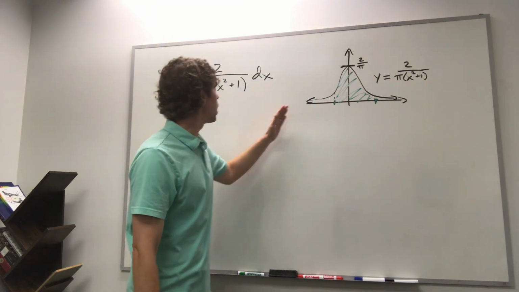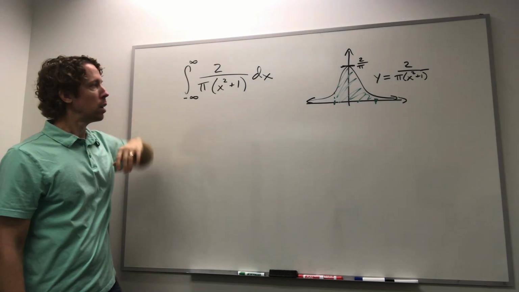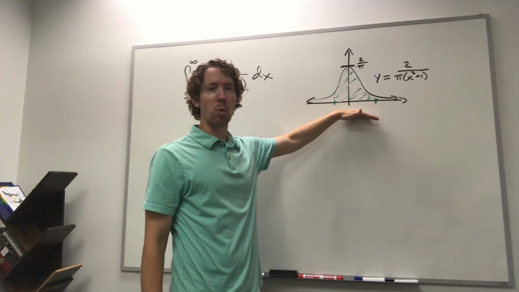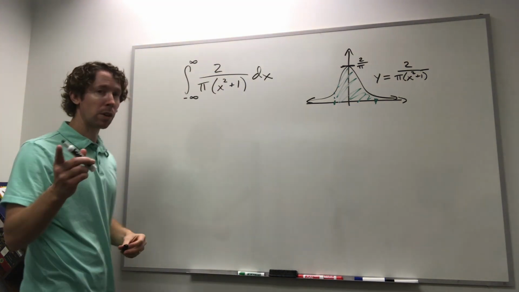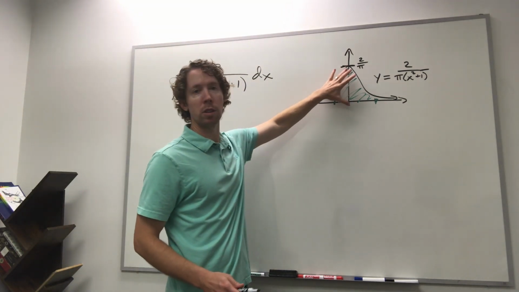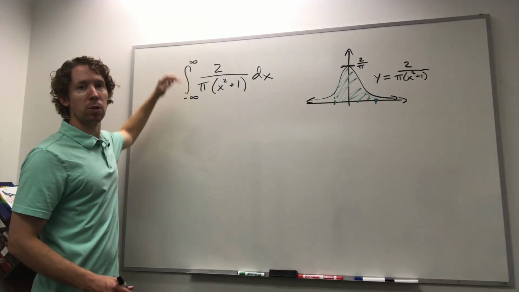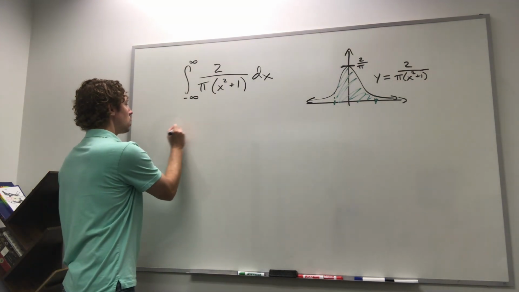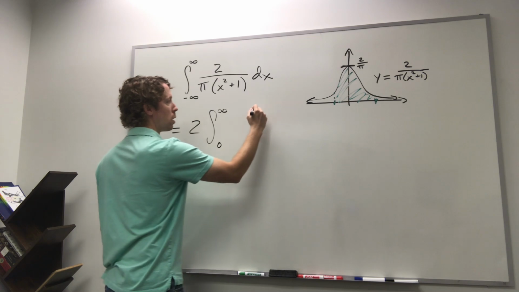So I'm going to integrate that function from negative infinity to positive infinity, and I should get out a value of 1, because 1 as a decimal represents 100%. The first thing that I'm going to do for this, though, is I'm going to say, since this function is symmetric, I can integrate from 0 to infinity and then just double that answer. So this is the same thing as 2 times the integral from 0 to infinity of that function.